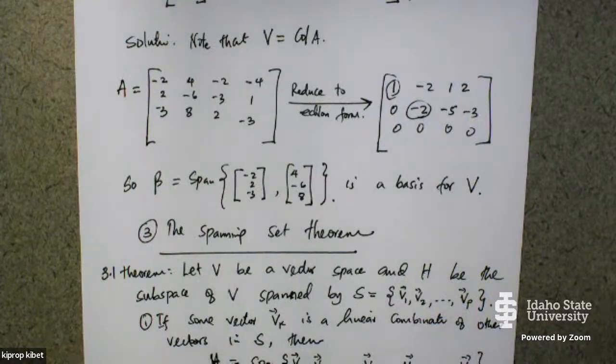So since Vk is a linear combination of the vectors in S, our H will be the span of the remaining vectors, not including Vk.